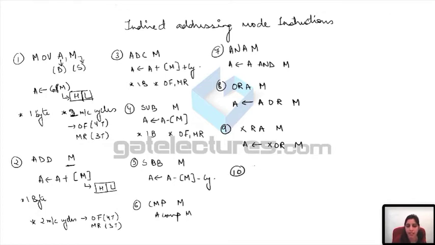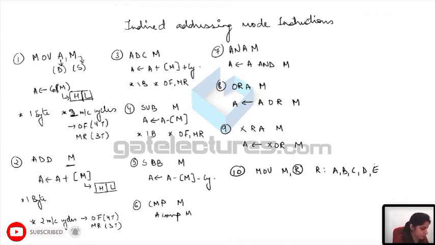Memory write. Right now we didn't see any instruction for 8-bit memory writing. So we have one instruction, MOV M, R. This R is register. This can be any register: A, B, C, D, E, H, L, whichever register you want, you can take here. So what is going to happen is, memory is going to be written with contents of specified register.